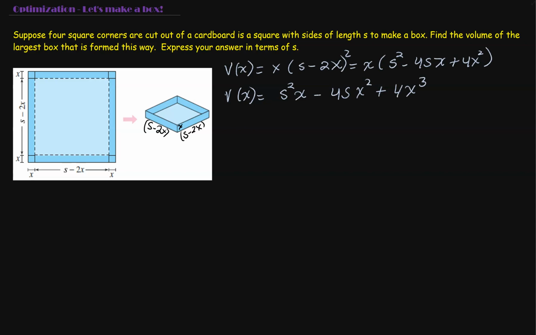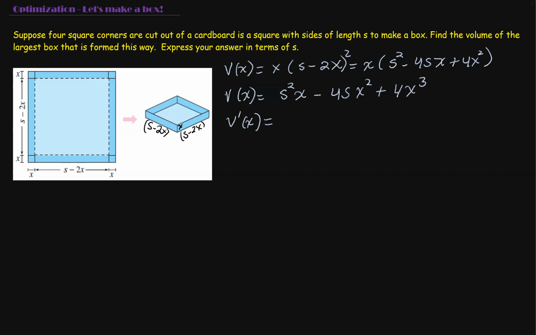All right, so now we are going to take the derivative of the volume, because what we want to do is find out what the maximum is. We're optimizing this function.